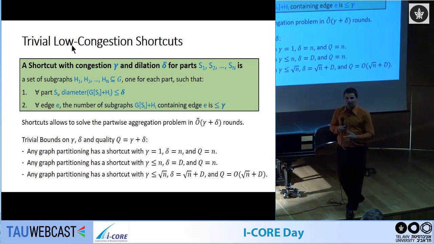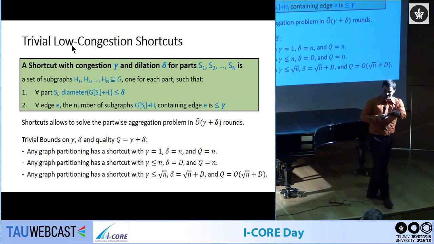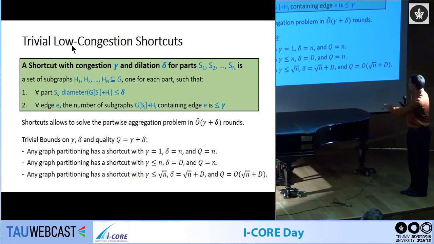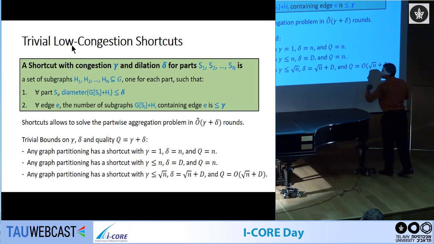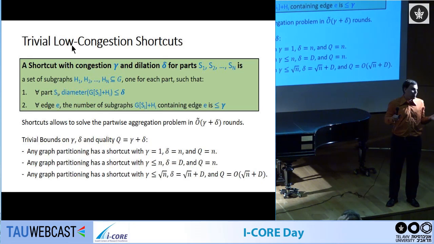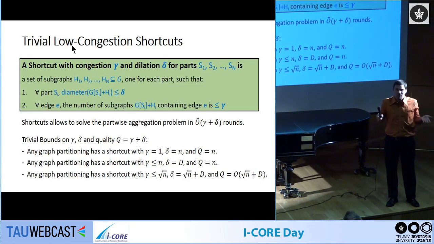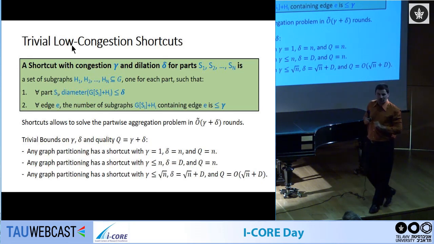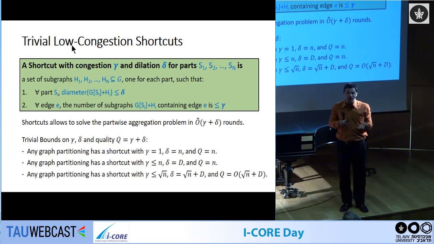If I'm shooting for a dilation of square root of N, and I have a part that doesn't even have a diameter of square root of N, I don't need to shortcut it. It's already short enough. So I really only need to shortcut subsets that have a diameter larger than square root of N.